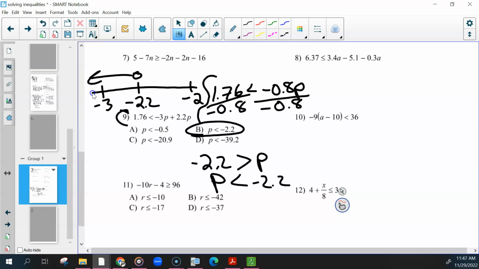And if I were to write the interval notation, what would that be? Where would it start? Negative infinity. And then negative 2.2, with a parenthesis.